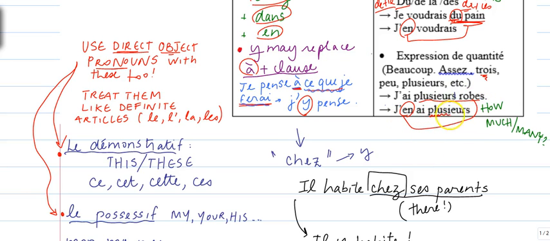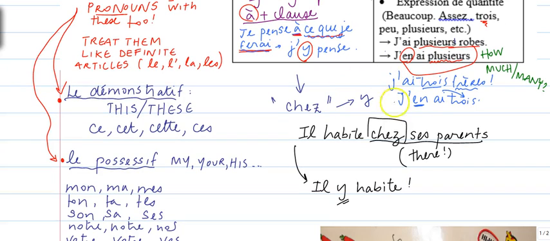The quantity is kicked at the end. J'en ai plusieurs. What if you have 3 brothers? J'ai 3 frères. Tu as 3 frères? Wow, c'est incroyable. Oui, j'en ai 3. D'accord? So the number or the quantity is kicked at the end, and the noun is turned into en.